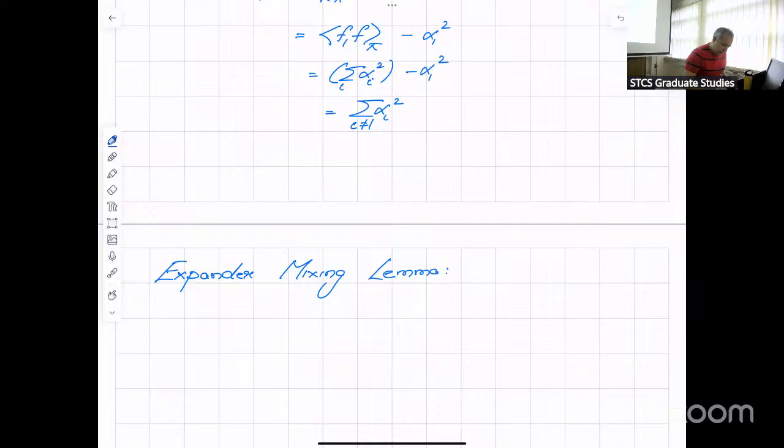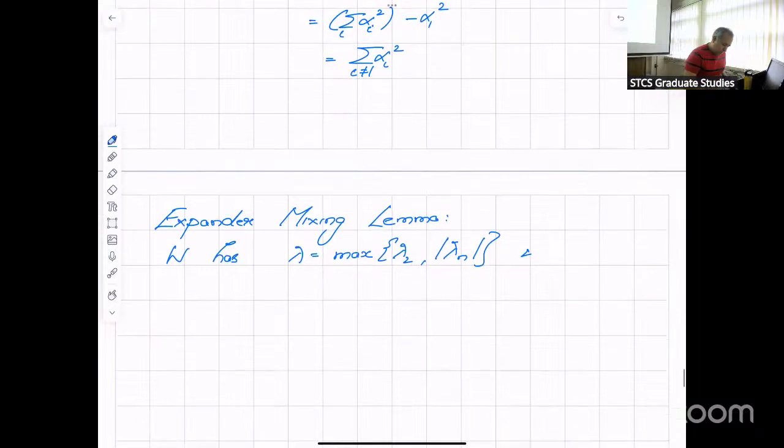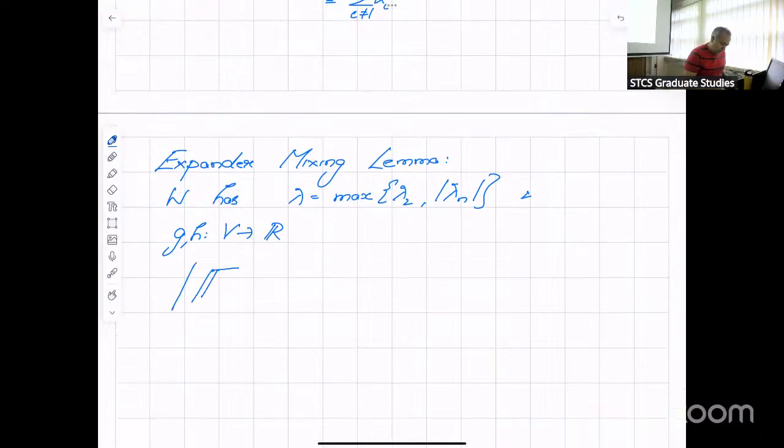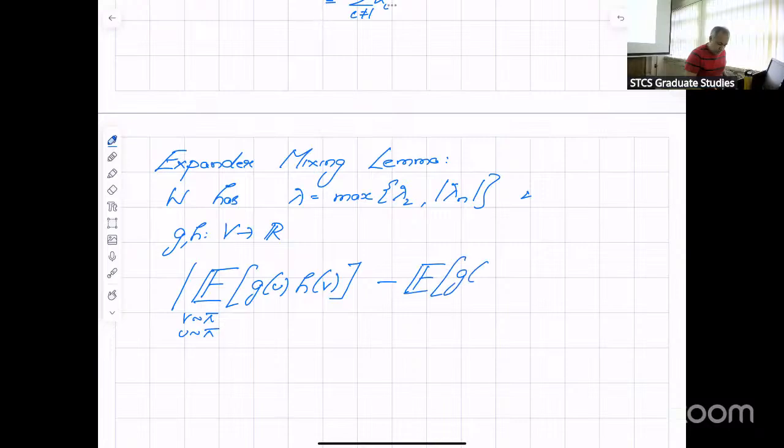The expander mixing lemma states that if lambda is the max of lambda 2 and lambda n in absolute value, and g and h are two functions from the vertex set to R, then you're going to compare these two expectations: the expected value of g of U, h of V, when U and V are both picked according to pi, minus the expected value of g of U, h of V, when U is picked according to pi and V is a random walk step from U. The difference is at most lambda sigma g sigma h.